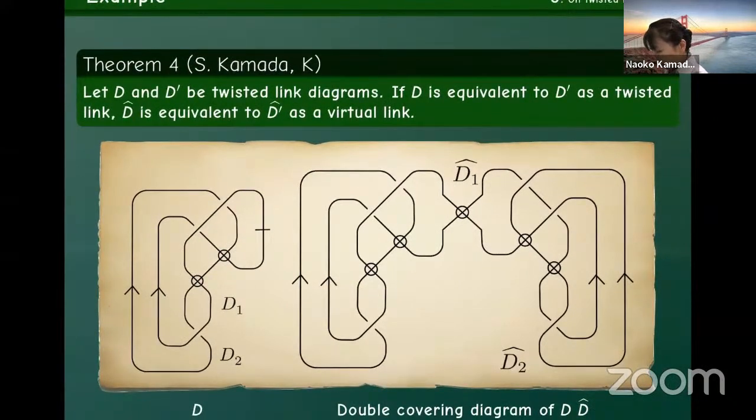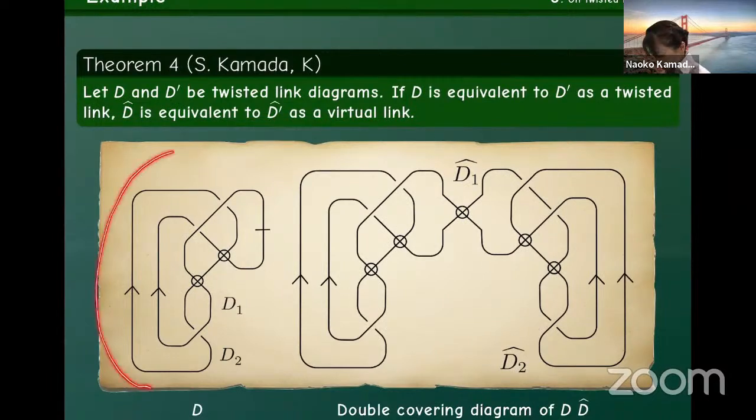So for twisted link diagrams, we have the following theorem. Let D and D prime be twisted link diagrams. If D is equivalent to D prime as a twisted link, then D hat is equivalent to D hat prime as a virtual link.